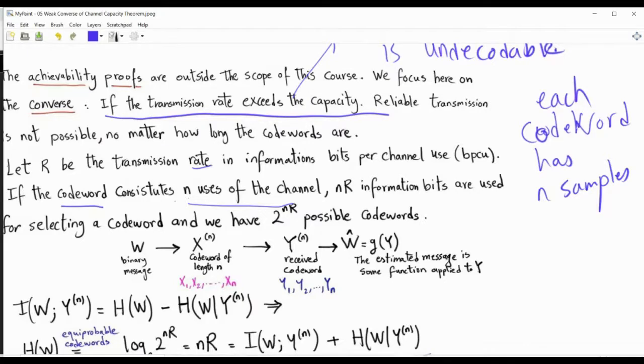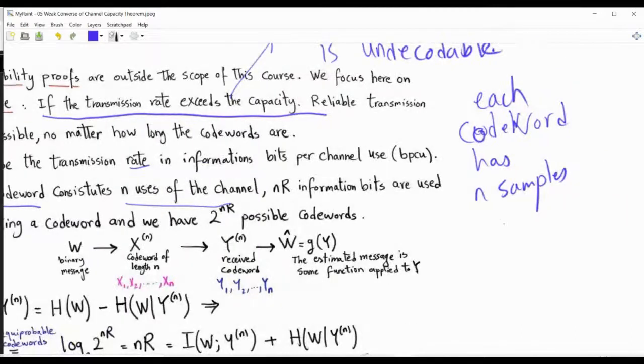Okay, so your code word is one of many code words that are possible. You have a code book, and you select a code word based on a message. So the way to do it is that you have a code book, and you enter here nR.